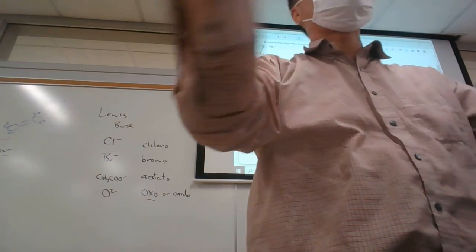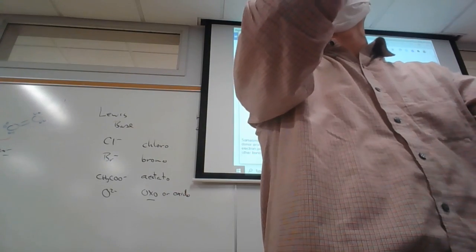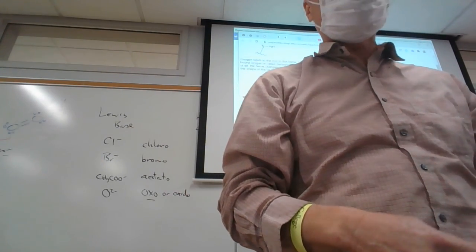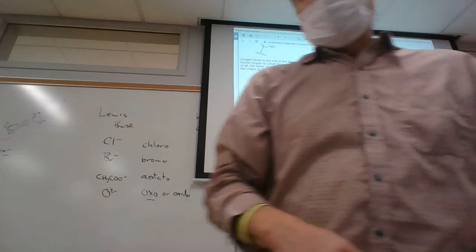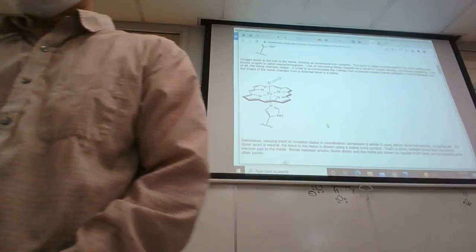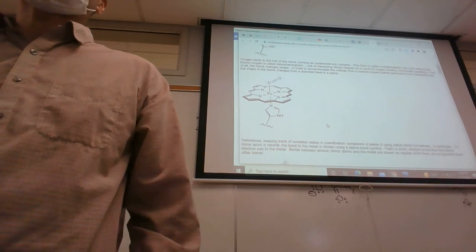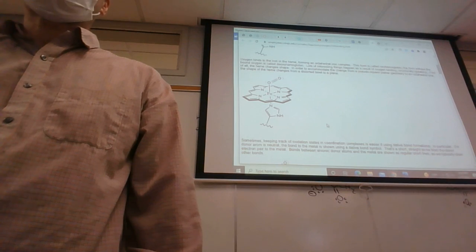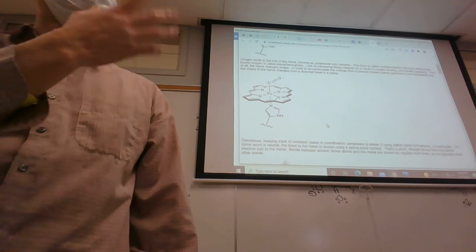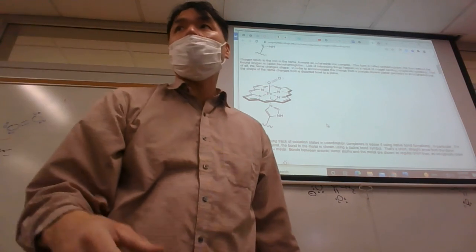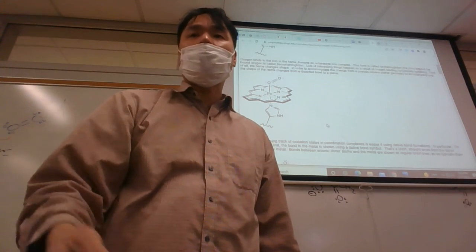There's no way oxygen is going to come in and break off the cyanide. And so you're pretty much going to asphyxiate yourself with cyanide. The same thing with carbon monoxide. Carbon monoxide is another powerful Lewis base. Carbon monoxide comes in, you're done. Oxygen's not getting in. So you got to get rid of that carbon monoxide on the heme.